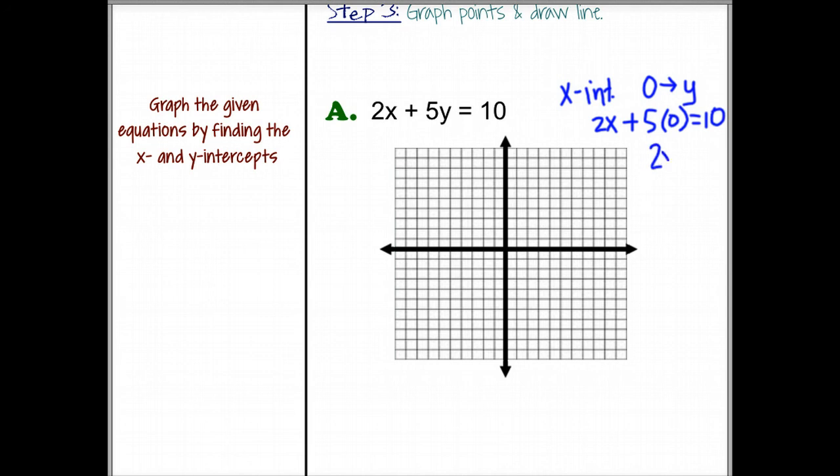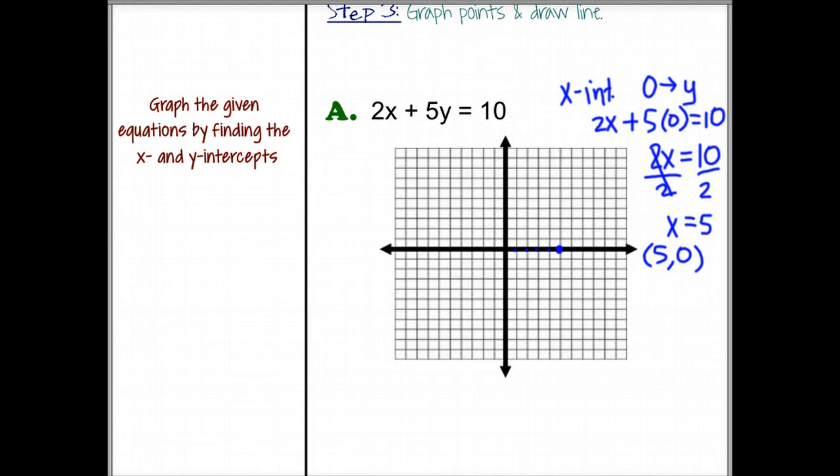We have 2x is equal to 10 because 0 times anything is 0. And then we divide by 2. We have x is equal to 5. And what that looks like as an ordered pair is the point 5, 0. And I'm going to go ahead and graph that right now. 1, 2, 3, 4, 5. So this is our point here at 5, 0.